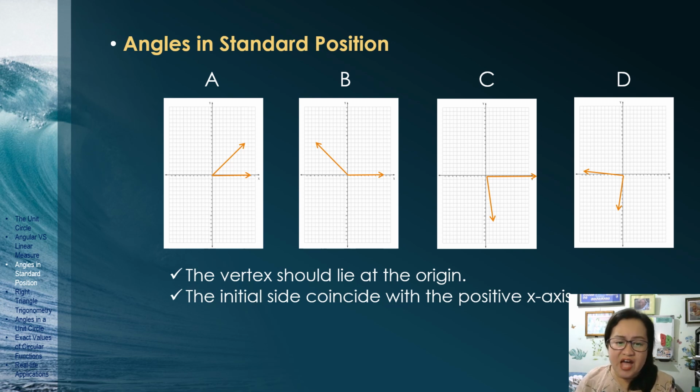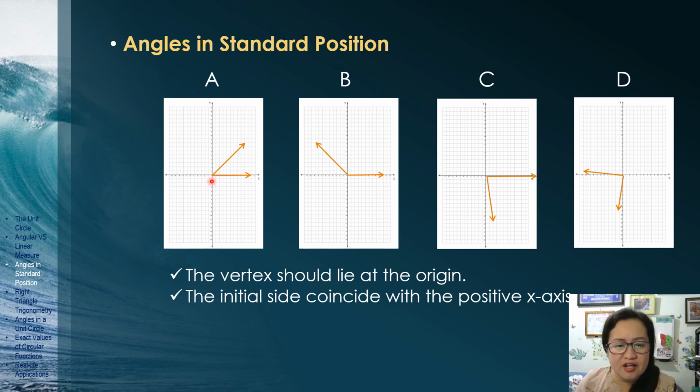It is said that angles in standard position should have these characteristics. The vertex should lie at the origin. Among the 4 angles, which angles have their vertex at the origin?